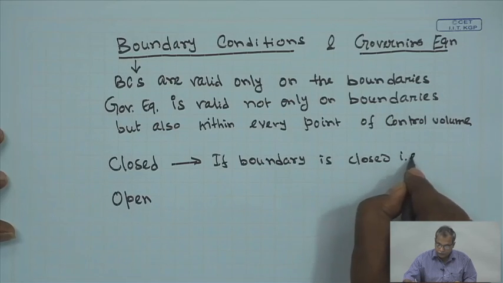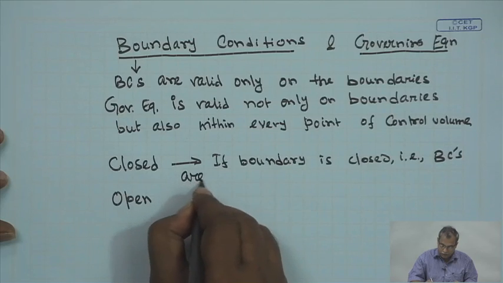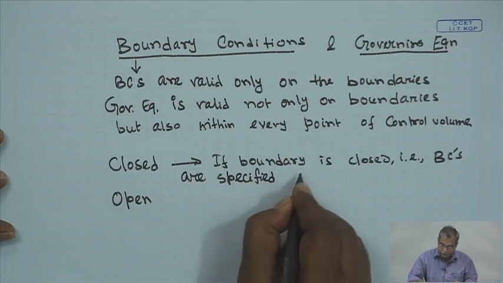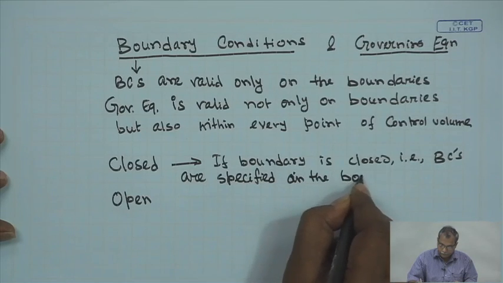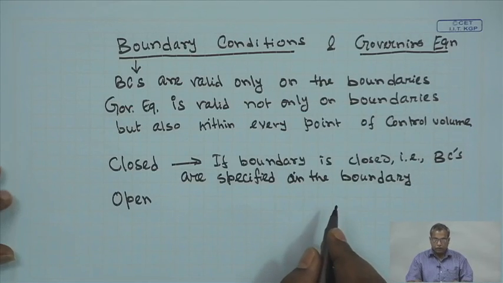That means the boundary conditions are specified entirely on the boundary, then the boundary is known as the closed boundary.